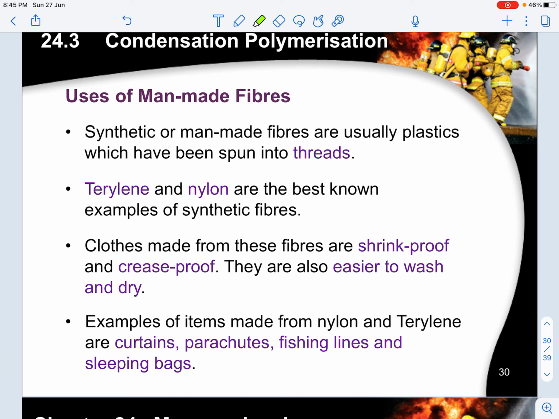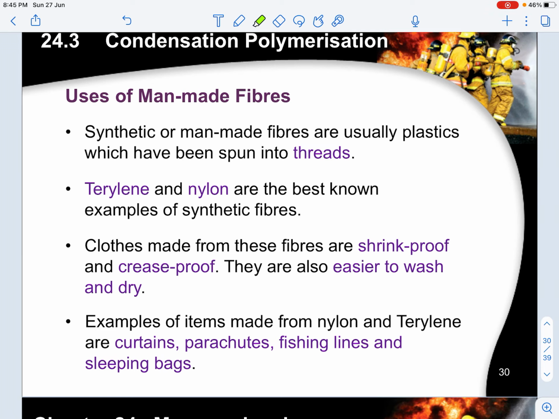So some of these man-made fibers are synthetic in order to manufacture. Most of it is usually plastic, which can then be spun into small threads for forming even longer items like your raincoats and so on. Nylon and terylene are still the best known examples of synthetic fibers.